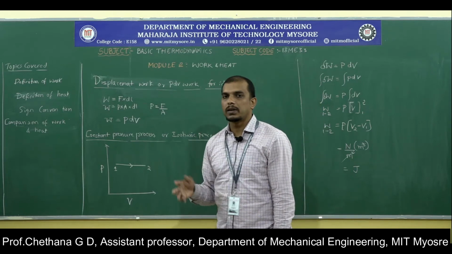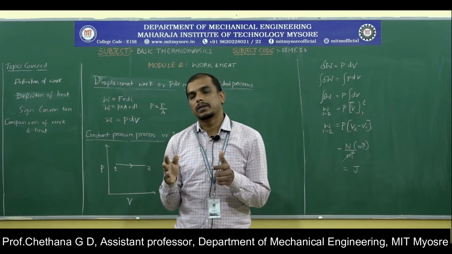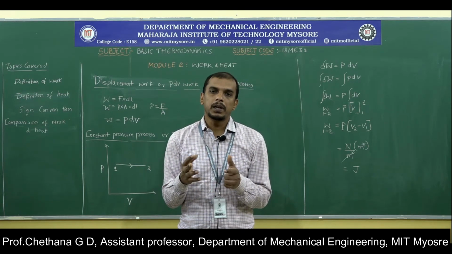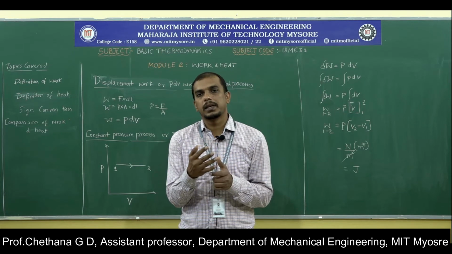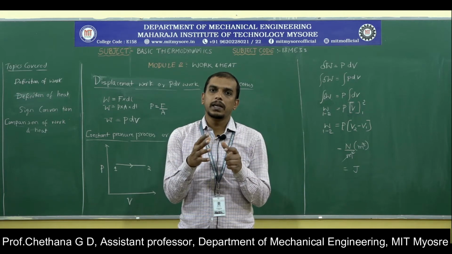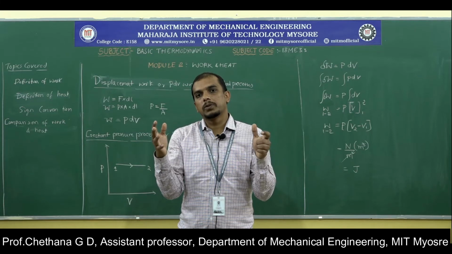How can one imagine a constant pressure process? Like if you have a balloon and you are trying to blow it, what will happen? As soon as the pressure increases in the balloon, it tries to increase its volume against the atmospheric pressure.